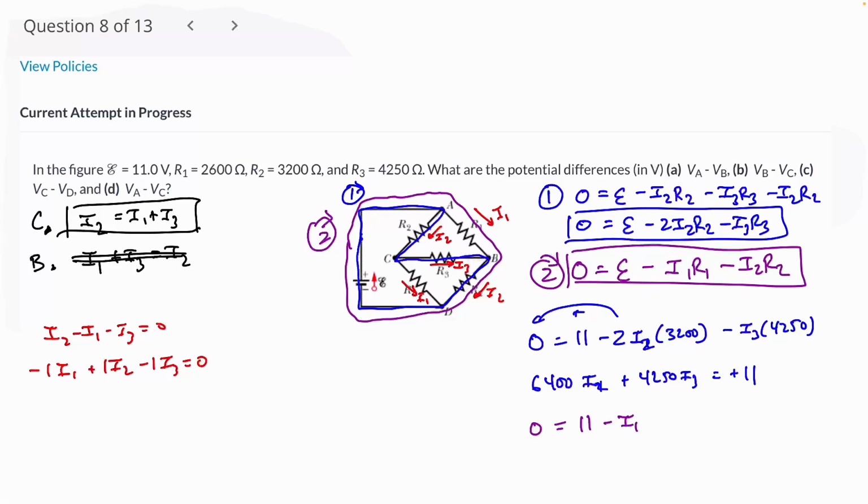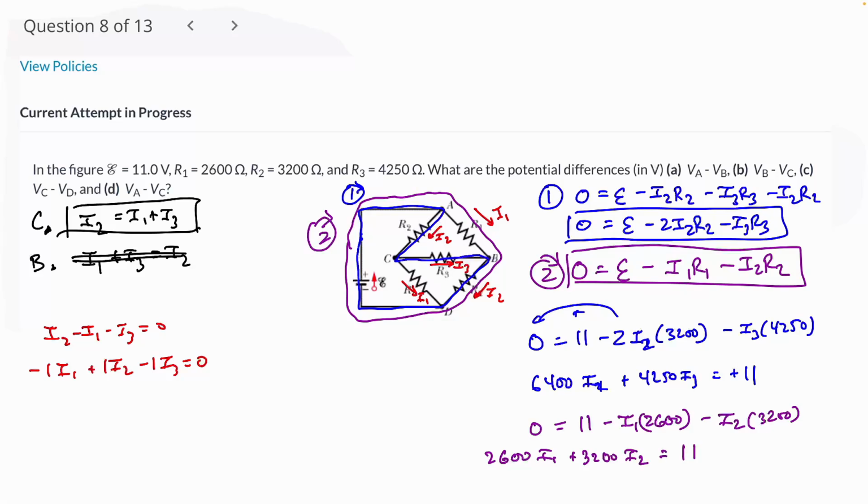I1 R1, 2,600, minus I2, which is my unknown, times R2, get the right numbers in here, 3,200. All right, let's clean that up. 2,600 I1 plus 3200 I2 equals 11.